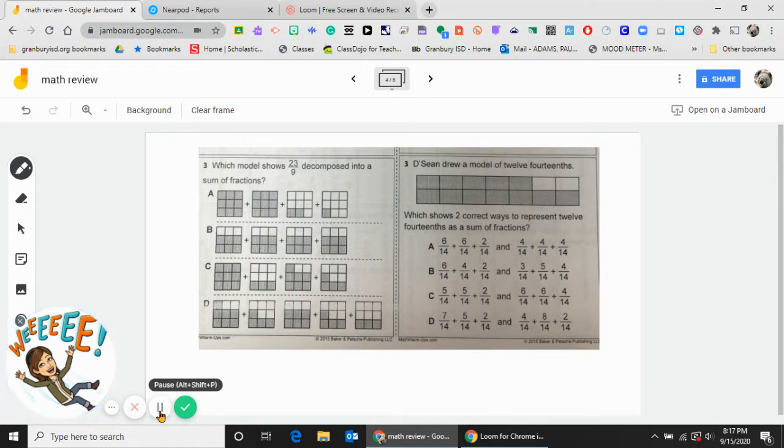First of all, we've got some large vocabulary. We got that word decomposed. Decompose, I know when something goes into the ground, it decomposes, and it means it breaks down into smaller pieces. Same goes with my fractions. But I'm confused. Usually, my parts of a whole are smaller than my whole piece. So let's think for a second.